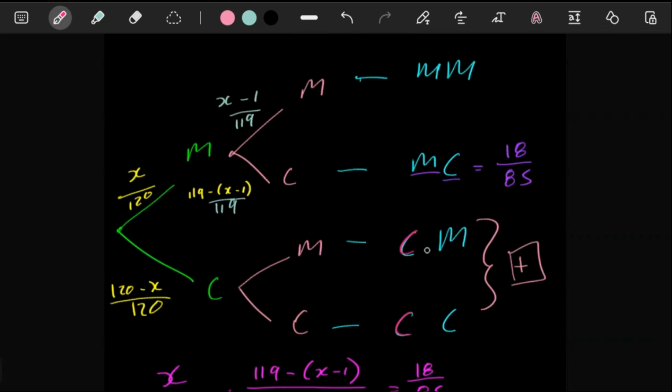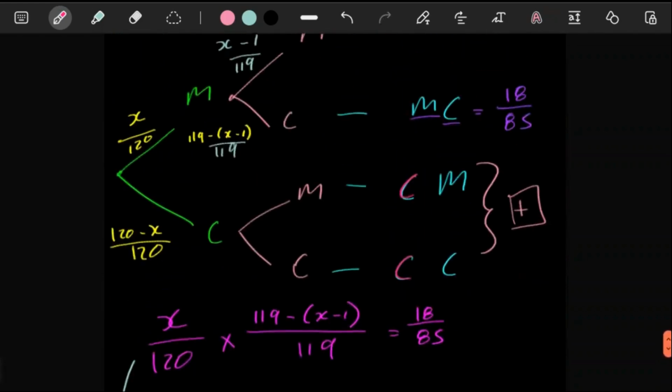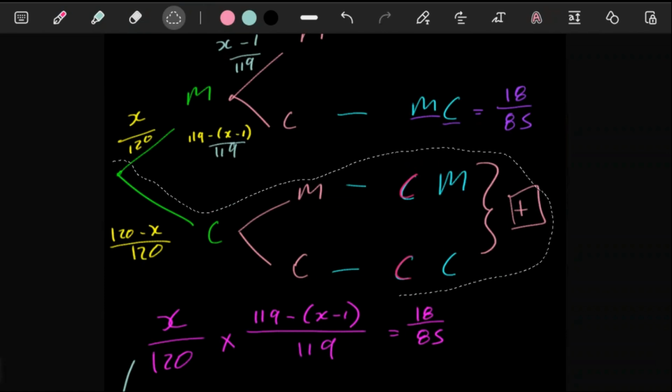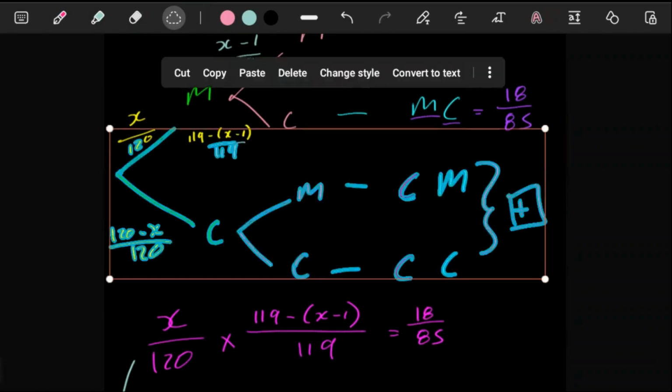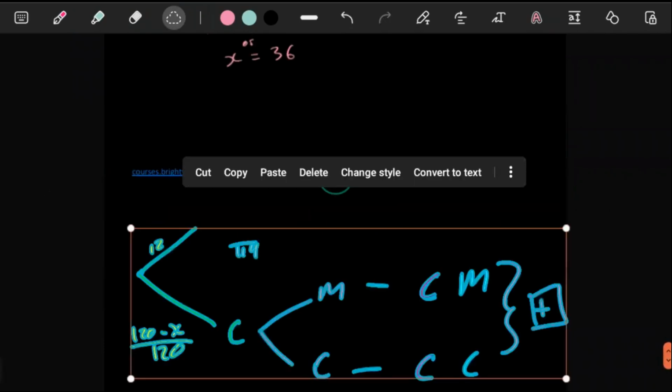The easiest way to work this out, since we now know what the x value is, makes our life much easier. We can just take this portion of the question, copy that, drag it down here, and paste.